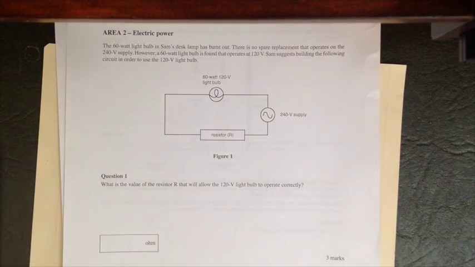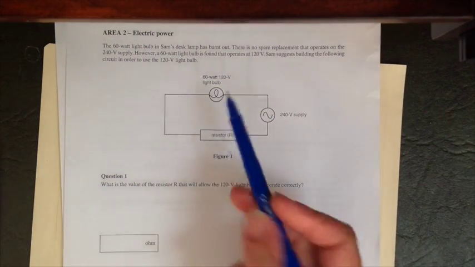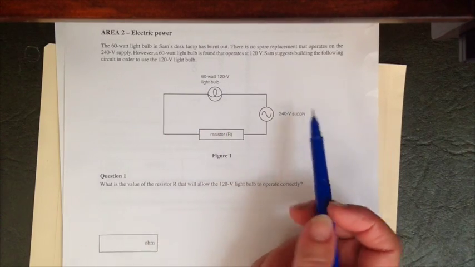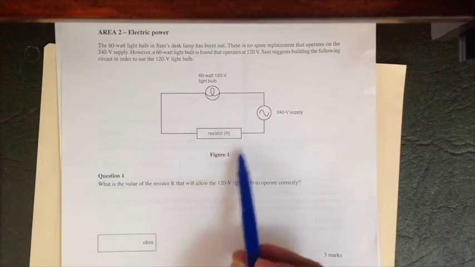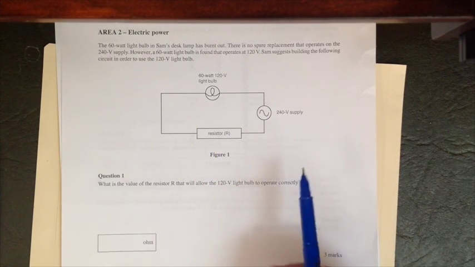Okay, hi everyone. We're going to do this question here about the 60 watt 120 volt light globe. We're asked to find the resistance of this resistor here. So we're going to have to use a couple of pieces of information.